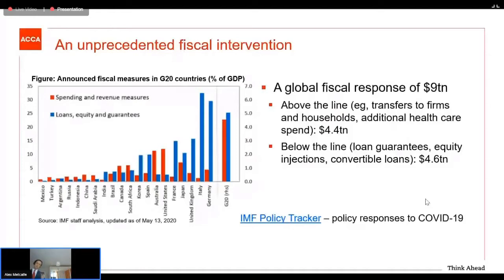From this global fiscal response of around $9 trillion US, the above-the-line interventions, so some of the things I've mentioned that will impact our financial statements, like transfers to firms and households and healthcare spend, represent about $4.4 trillion US dollars, whereas the below-the-line interventions, things like loan guarantees or equity injections, actually make up the majority by the IMF's analysis. And I think there are some very interesting implications to that.